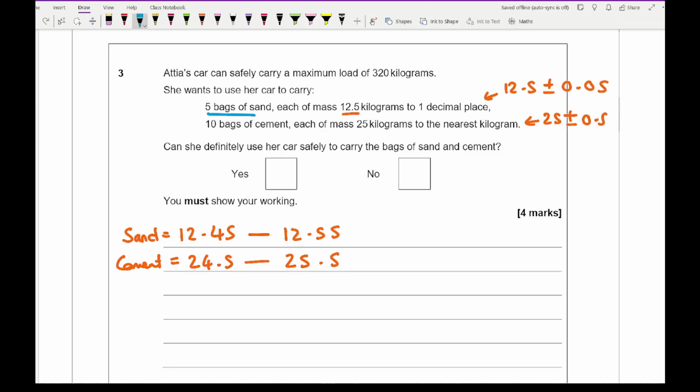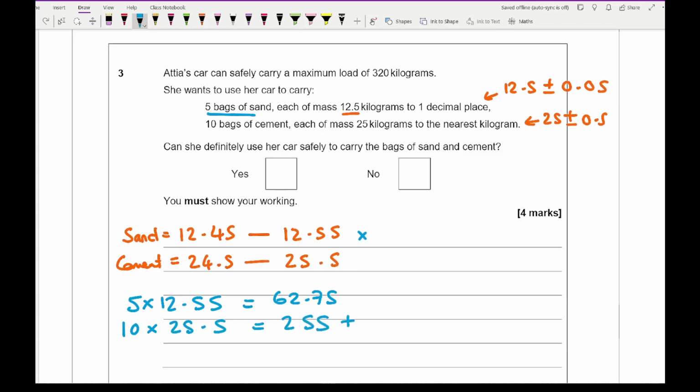Now we then need to work out the quantity. So 5 bags of sand, so if I times this by 5. Now worst case scenario, what I want is the heaviest of each bag. So here we're going to do 5 times 12.55, which gives me an answer of 62.75. Then we're going to do 10 bags of cement, and we want the heaviest one, so 25.5, and that gives me an answer of 255.